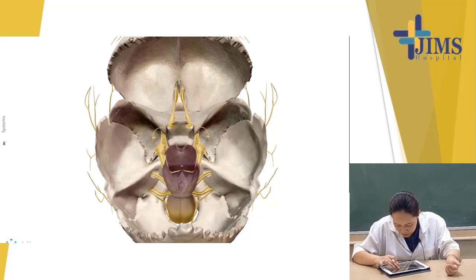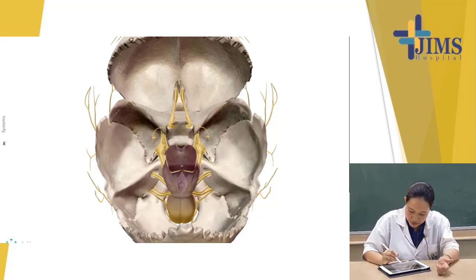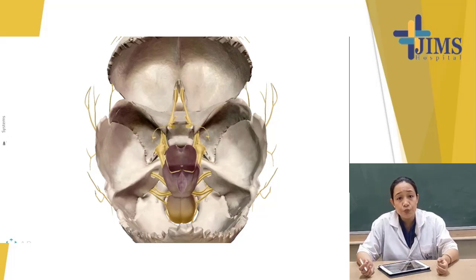Then it lies on the lateral part of the cavernous sinus. The cavernous sinus is lying somewhere here. Then it passes through the superior orbital fissure.